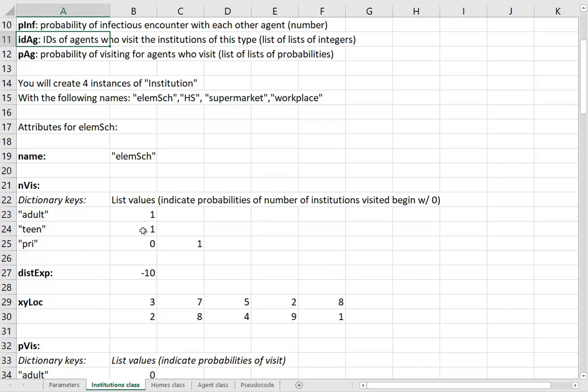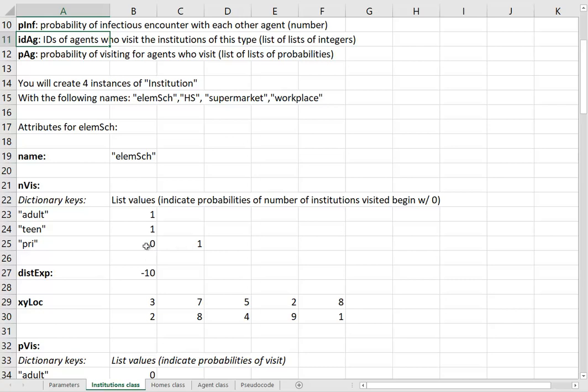The teen visits 0 institutions with probability 1. The primary visits 0 primary schools with probability 0 and 1 primary school with probability 1. So we're assuming that every primary student goes to primary school. Of course, I'm not including homeschooling. That's something that we could include later.